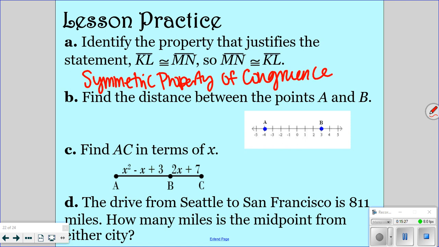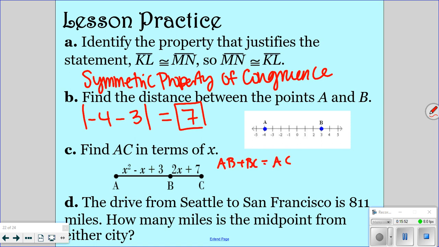Find the distance between the points A and B. So point A is -4, and then minus point B, which is 3. So -4 minus 3 is -7. So the absolute value of that is 7. Okay. For finding AC in terms of x, we know that AB plus BC is going to equal AC.